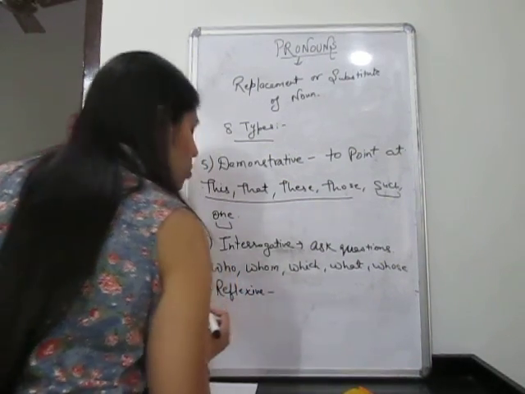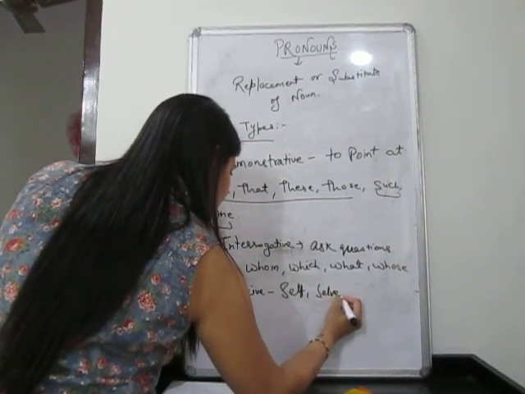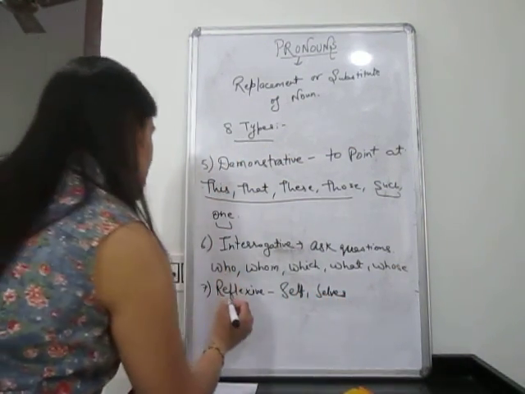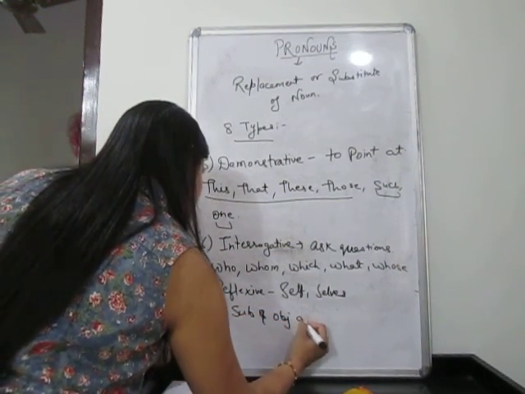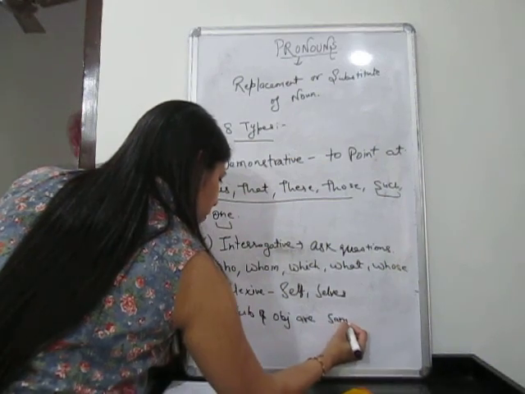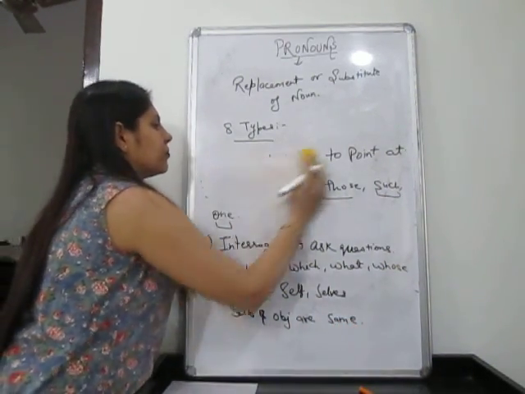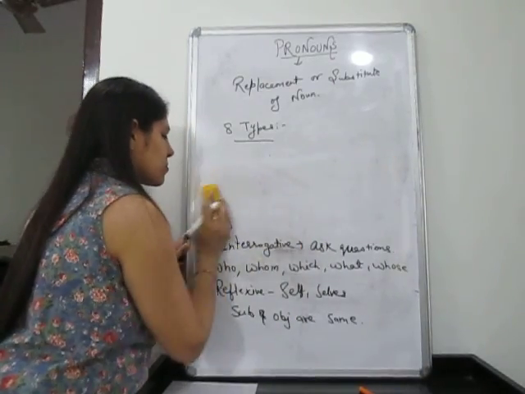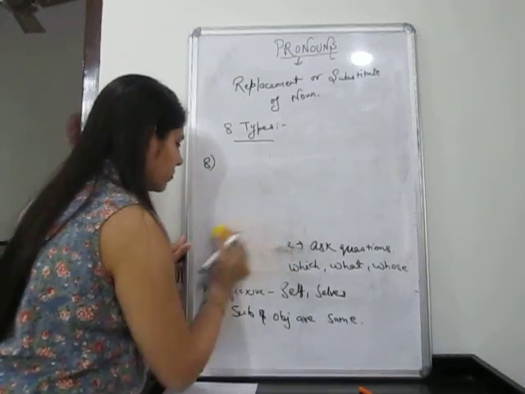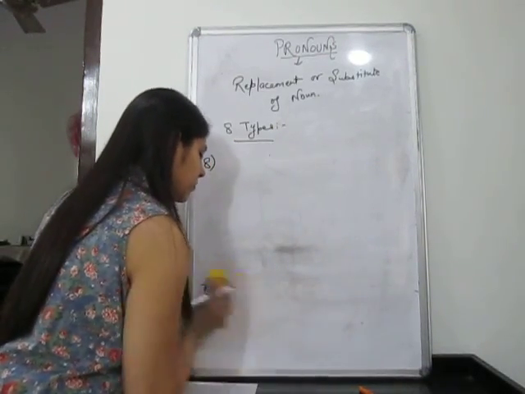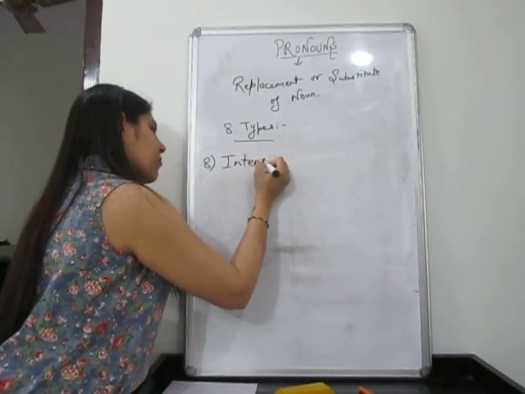Now let's move to next, reflexive. Reflexive pronouns are those which are used with self or selves, right? And in this, subject and object are same, right? Now let's move to our last. Intensive pronoun, right?